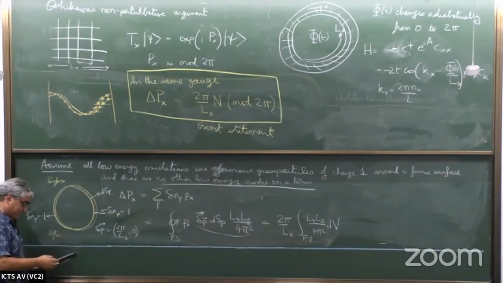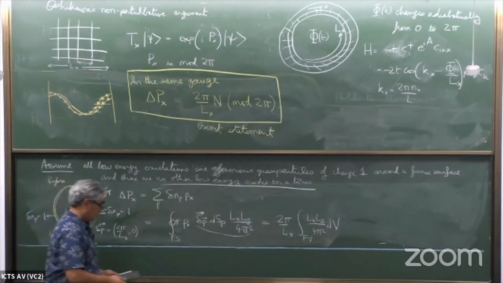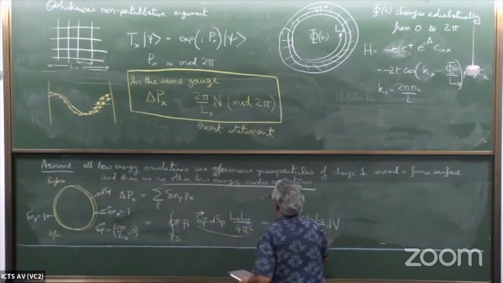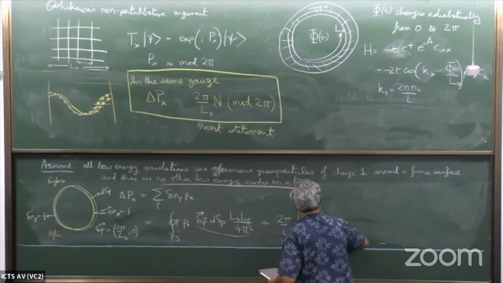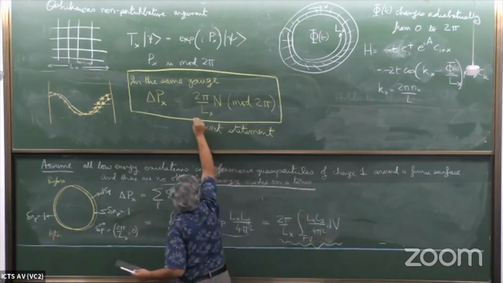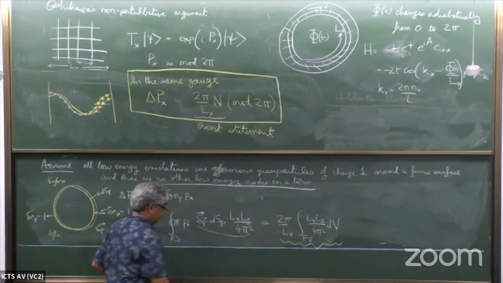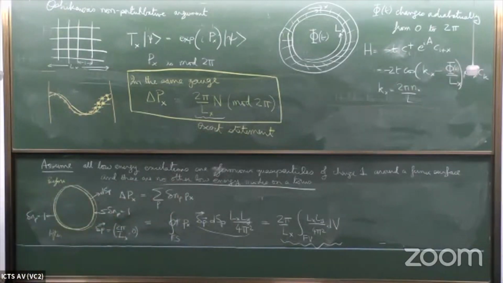All right, so there you have it. And so now you take this result here and equate it to that, and you have your statement of the Luttinger relation.